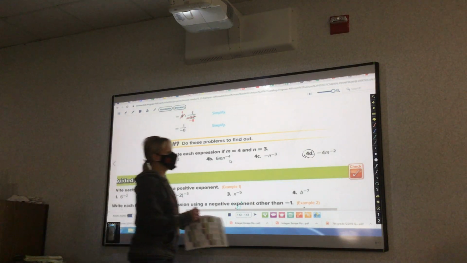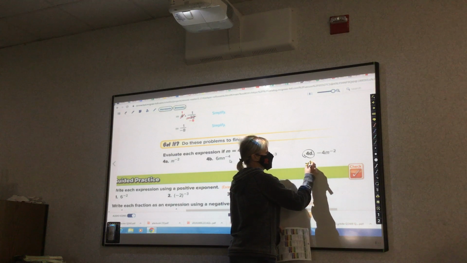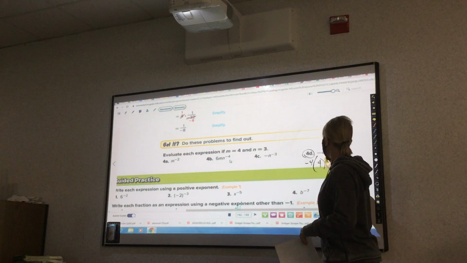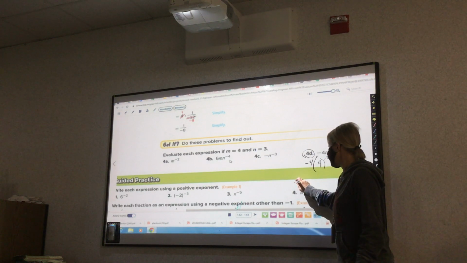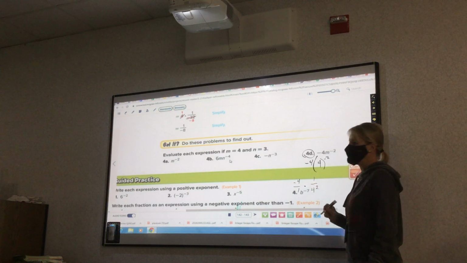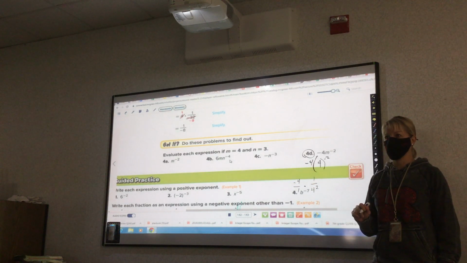So you have a negative 4, and then we have m, which is 4 to the negative squared. So it's like saying a negative 4 over 1 times 1 over 4 squared. You guys with me on that?